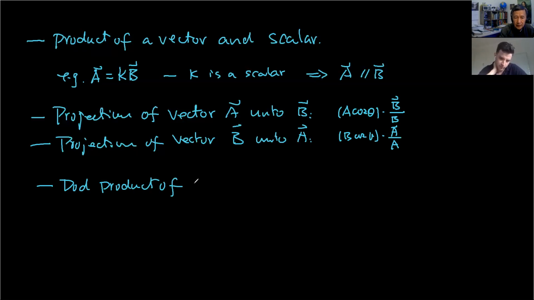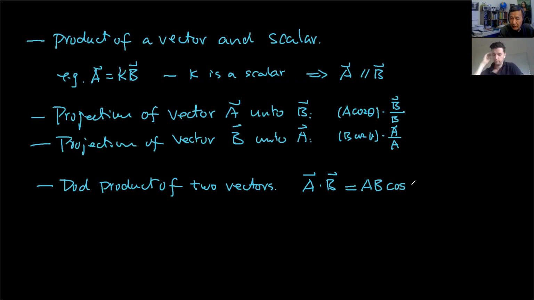Of two vectors. So we have A dot product B, which by definition is simply equal to the magnitude of A multiplied by the magnitude of B, multiplied by the cosine of theta. So that is a scalar now.